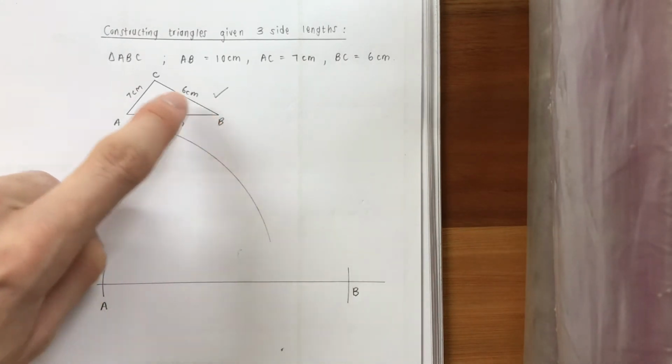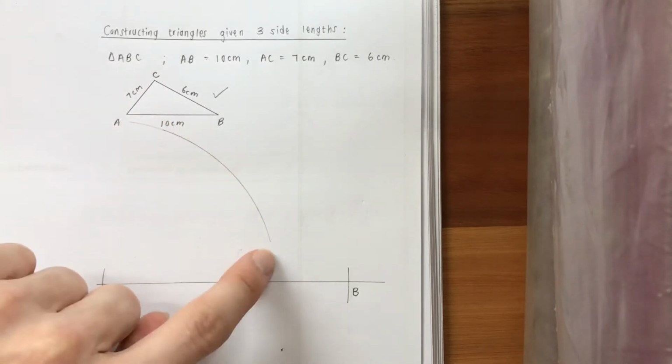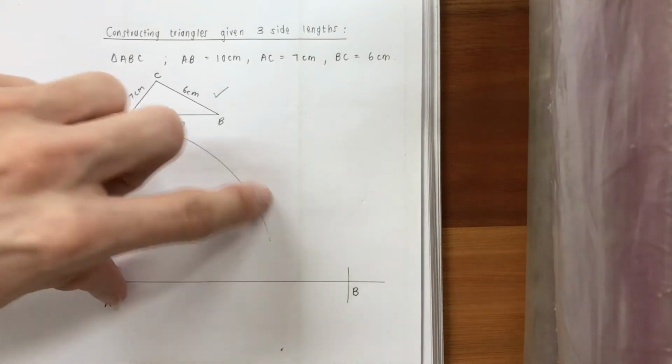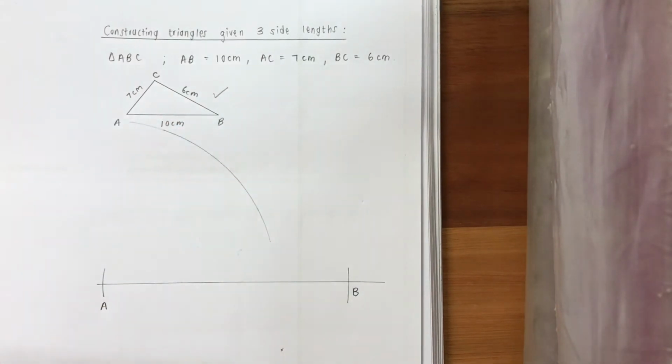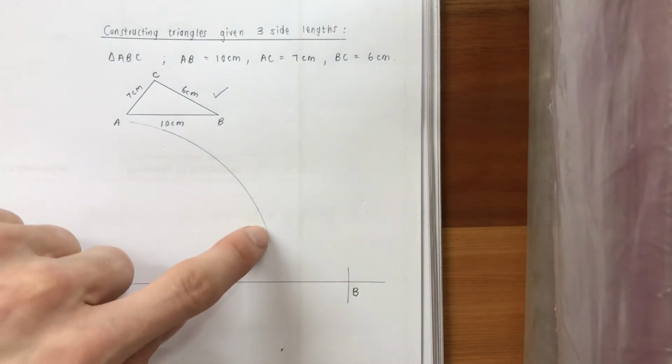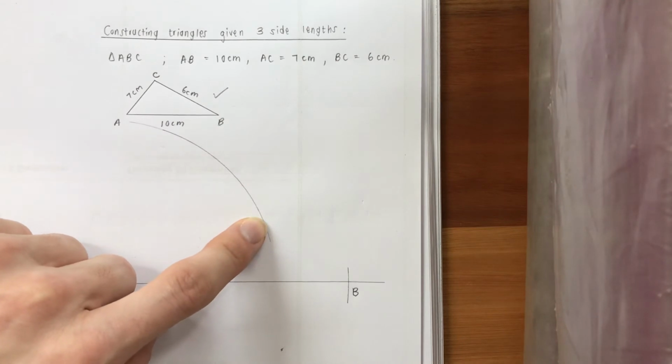Point C is somewhere on this arc, because it's 7 centimeters everywhere on the arc. We need to find out exactly where.